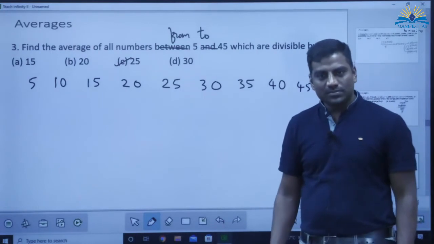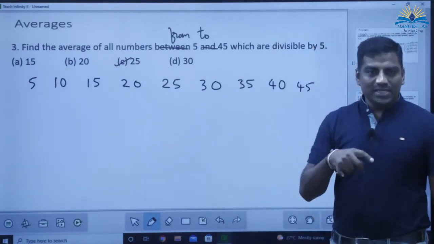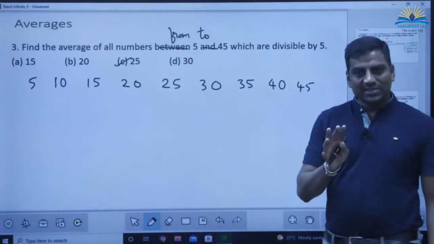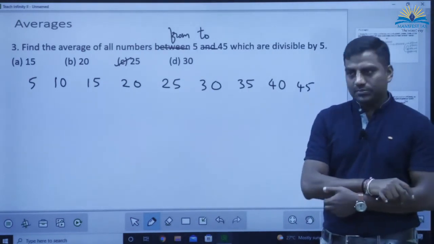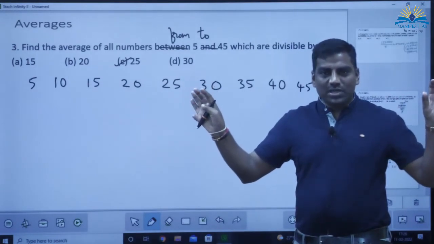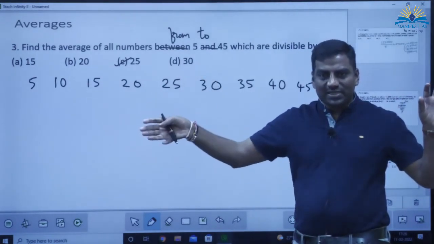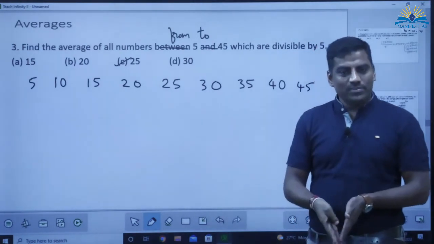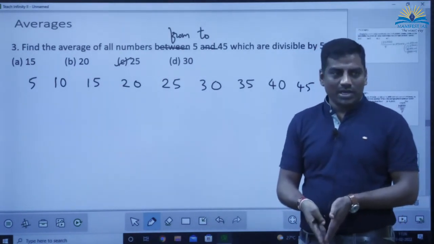Same thing. So for the APs, either it is from to or between, the answer is going to be the same. Because if you consider the extreme, you are considering one extreme at this end, one more extreme at this end. Again you are in the middle only.